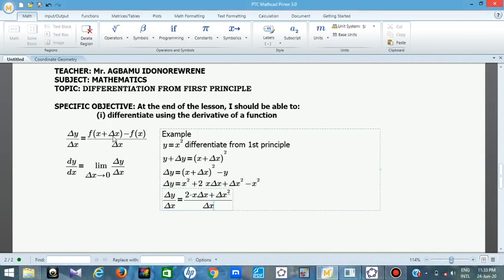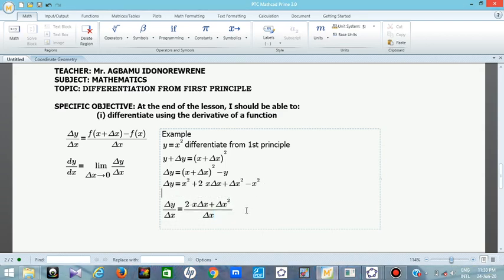Now we are in this stage. Then we can still do one more simplification. Okay, let me move this down a little so that you can see it well.